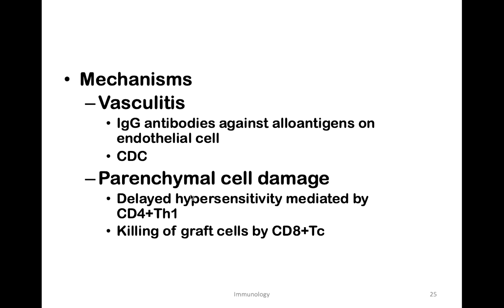Then you have a delayed type hypersensitivity response, which is mediated by Th1 cells, and killing of graft cells by CD8 plus Tc cells. So you can see both branches, cell mediated and humoral immunity, are responsible for this kind of damage to the blood vessels, and then finally the cells of the graft are also destroyed, and you get rejection of the graft.